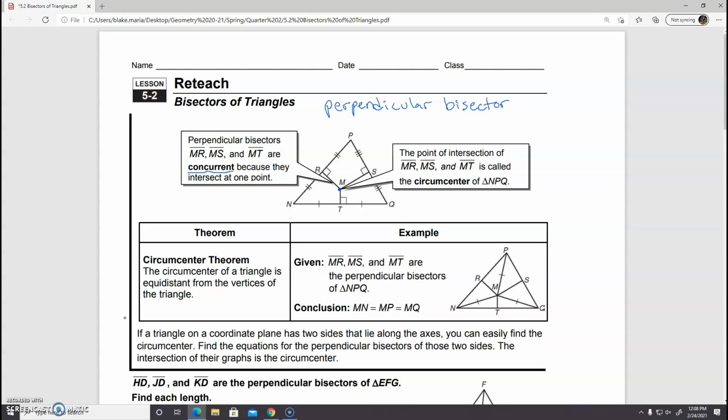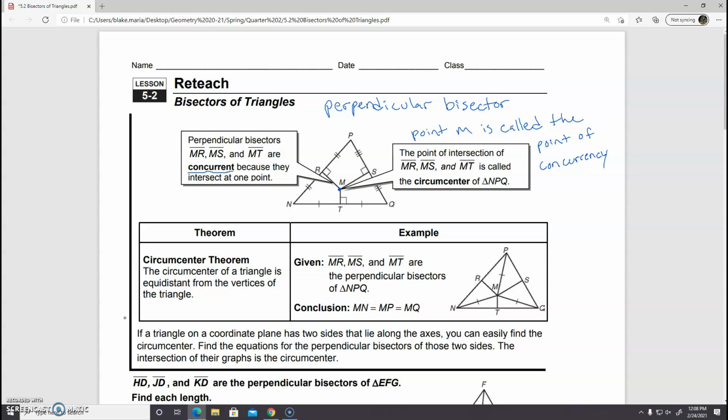So point M is called the point of concurrency, the point where all your perpendicular bisectors intersect.